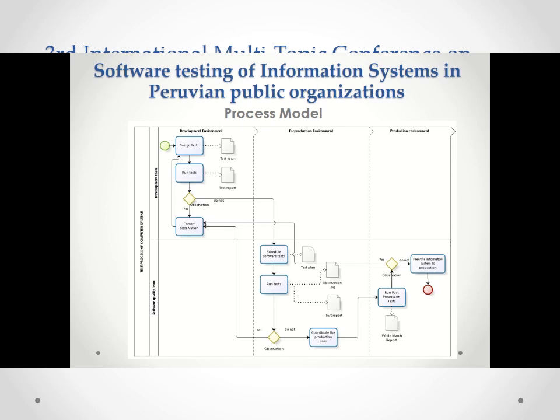In the execution of the system test, the analyst or the programmer will execute the system test defined in the design and for which they are responsible. When all defects have been corrected and are in compliance, the project manager must request the corresponding review from the quality team.